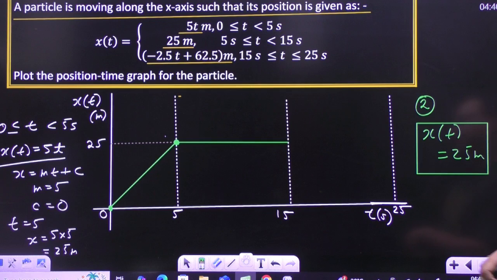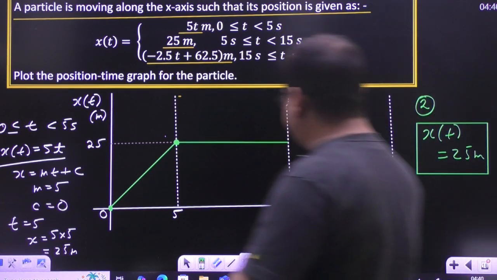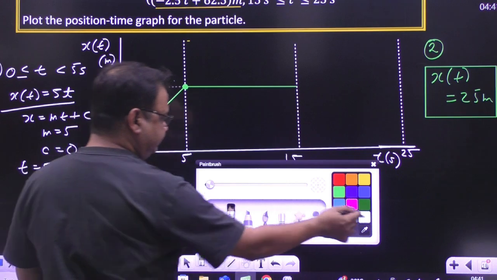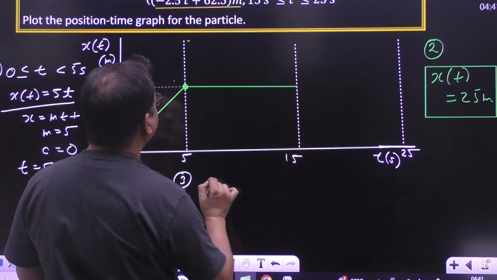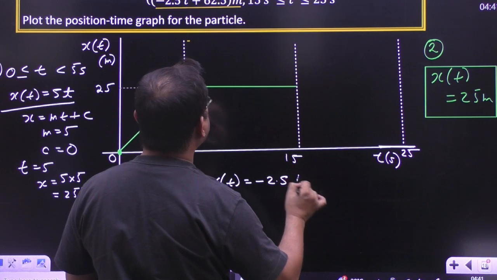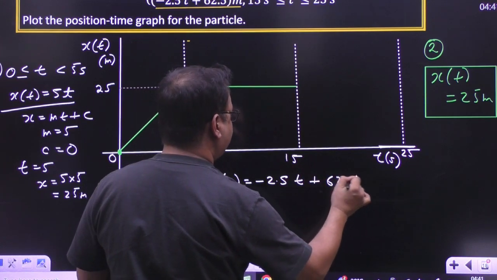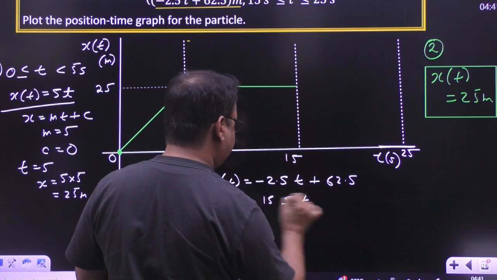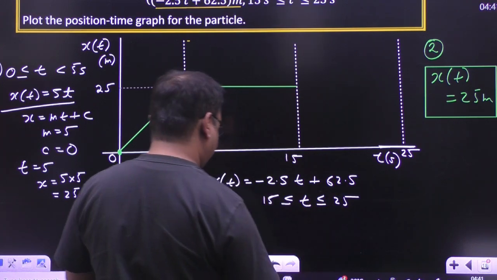Then we have the third segment between 15 and 25 seconds. Both values are going in this segment. So in the third segment, we have x as a function of t is minus 2.5 t plus 62.5 when t is between 15 and 25, correct?